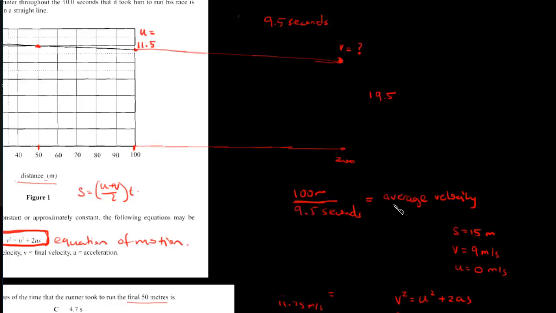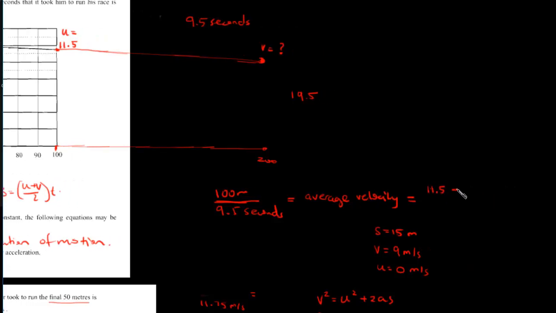So whatever this average velocity is, this must be the average of this velocity, 11.5, plus the final velocity. This is a pretty difficult question, I know. If you just take the average of this velocity and this velocity, then that will equal this value right here.